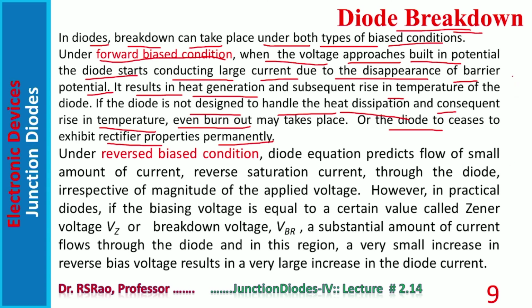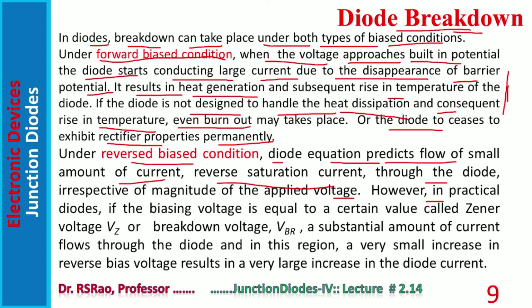A few points were considered regarding forward breakdown. Now it is about reverse breakdown. Under reverse biased condition, the diode equation predicts flow of a small amount of current, the reverse saturation current, through the diode, irrespective of the magnitude of the applied voltage.